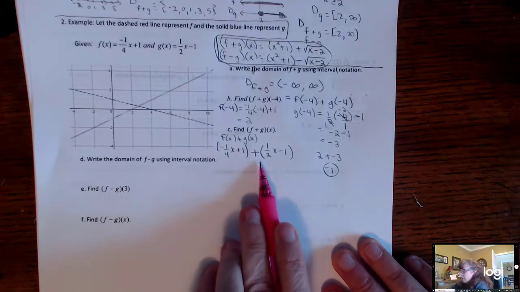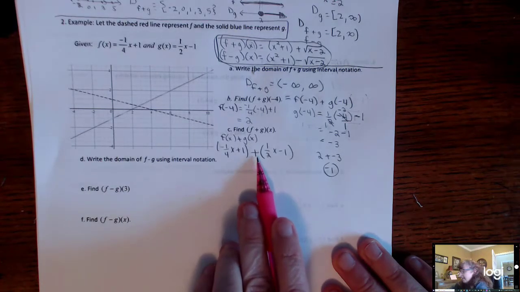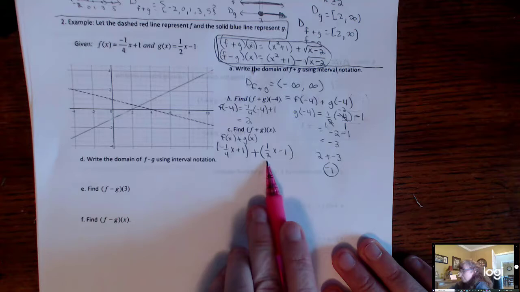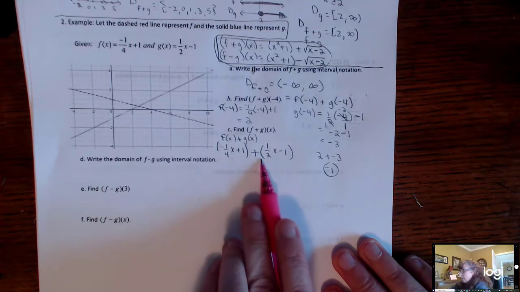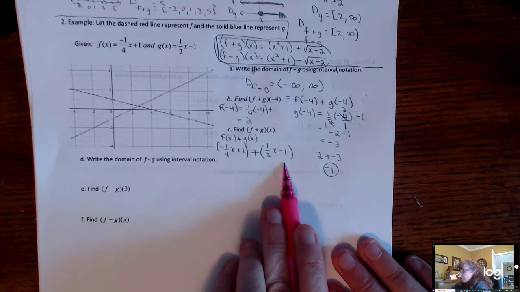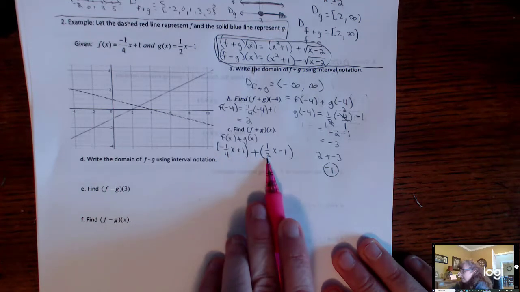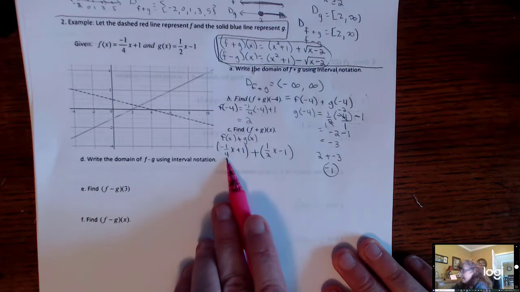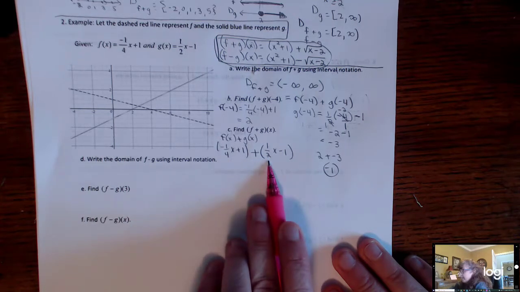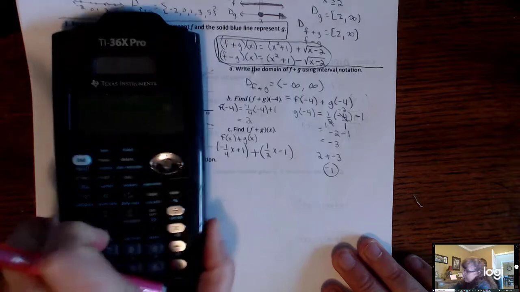We'll talk about this all semester because you never know when there's a negative out here that needs to be distributed. So once I write with my parentheses, then I look, do I have like terms? And I have an x term here, negative 1/4, and an x term there, 1/2. So I'm going to add negative 1/4 plus 1/2. And I would use my calculator if I were you.